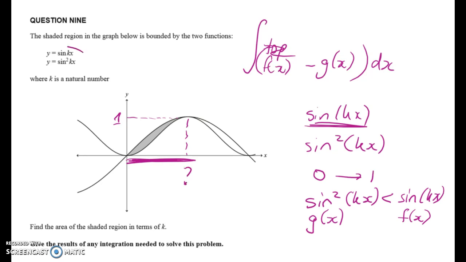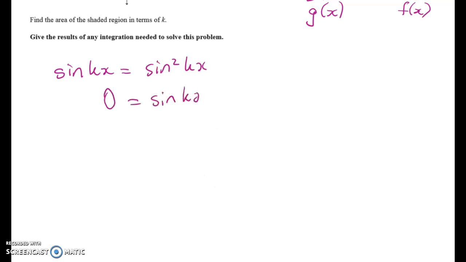To do that, I'm going to solve where the two y values are equal, and that's going to give me my limits of integration. One will obviously be 0. Solving sine kx equals sine squared kx, I get this. Remember, we never divide through by sine kx, or I'm going to get rid of a solution.